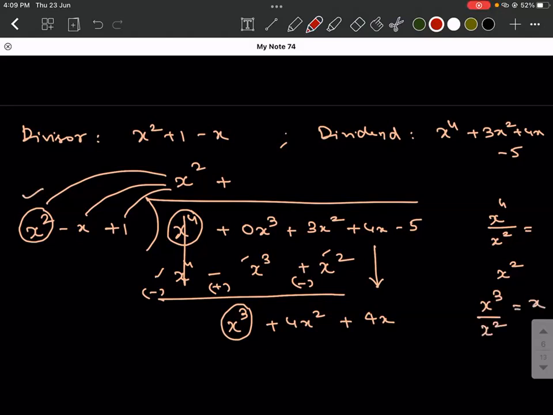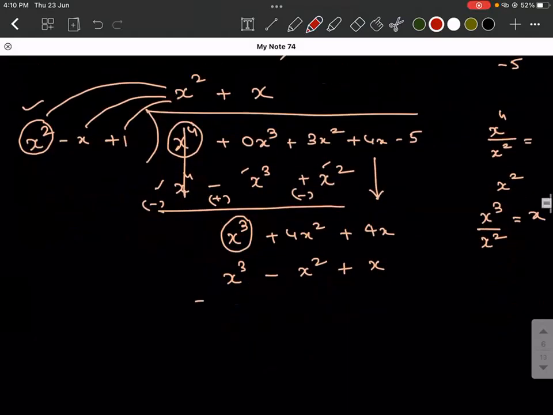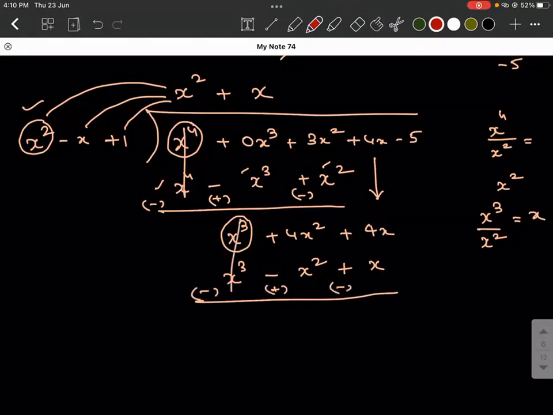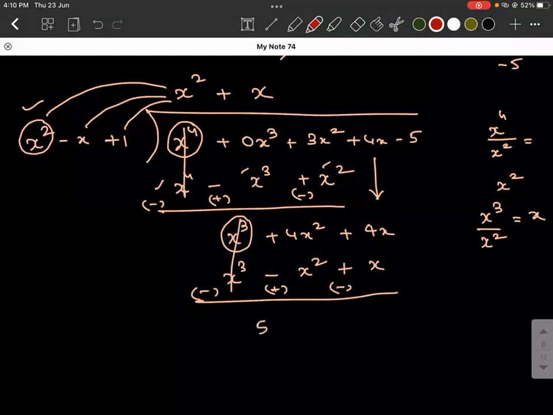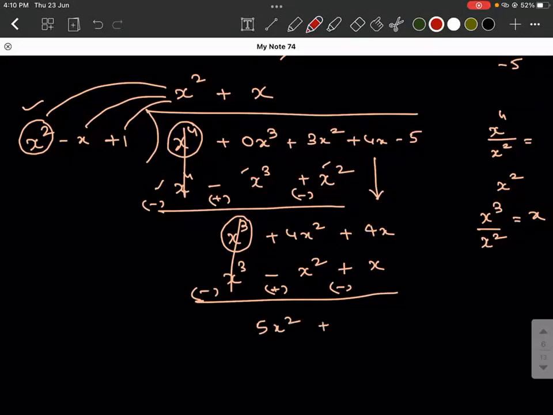So what are you supposed to write? You need to write x on top of it. So when I write x here, this will be x cube minus x square plus x. Correct? So this will be minus, plus and minus. Cancel it. 4x square plus x square is 5x square plus 3x.